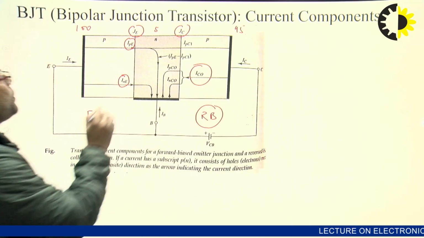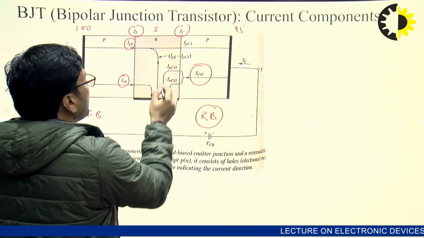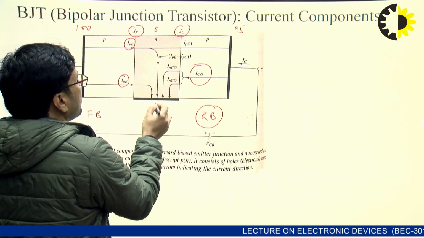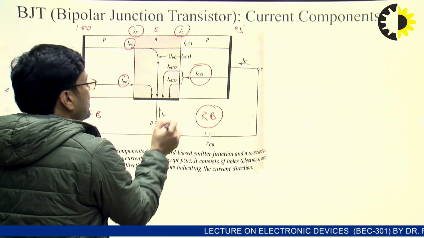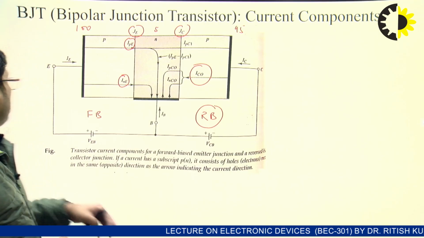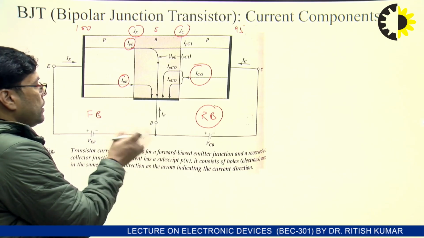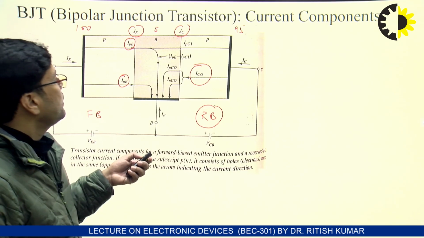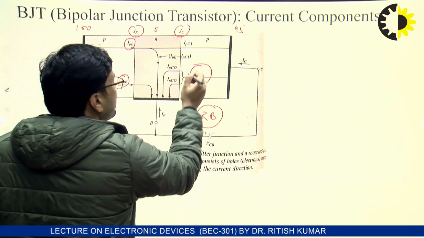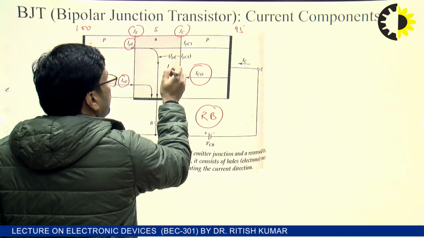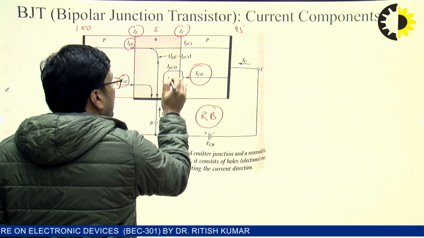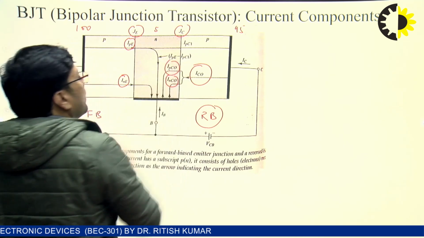Due to the recombination occurring in the base region, we have a current that is known as base current. Again, the reverse saturation current has two components, due to the hole and due to the electron, right?